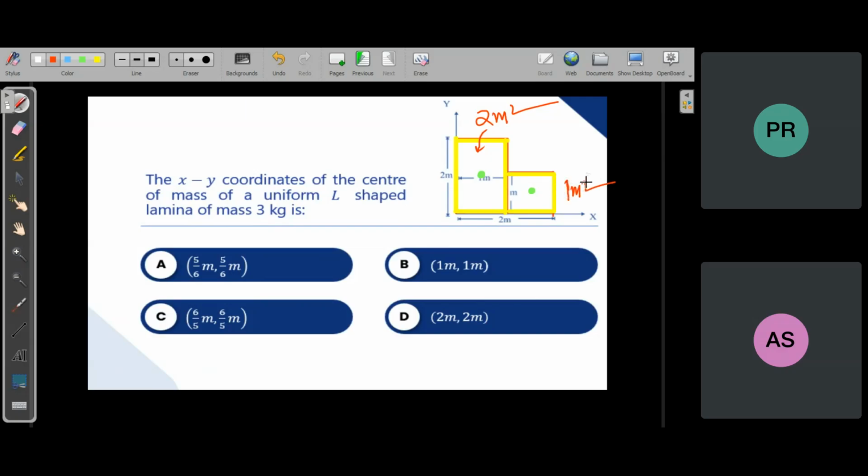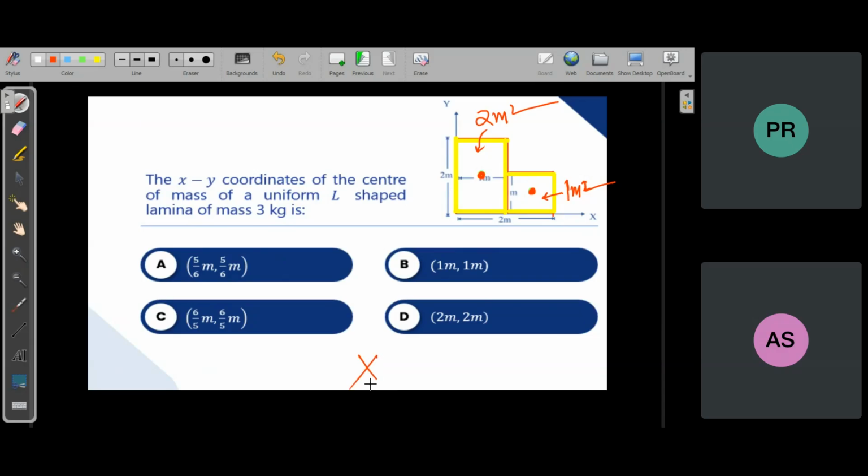What does it mean? That part will have mass 2 kg. This part will have mass 1 kg. Because the area is half, the mass is also half. Mass is distributed in area uniformly. Now treating these two parts as simply two particles, your question is just reduced to two particles and find their center of mass coordinate. That's it.